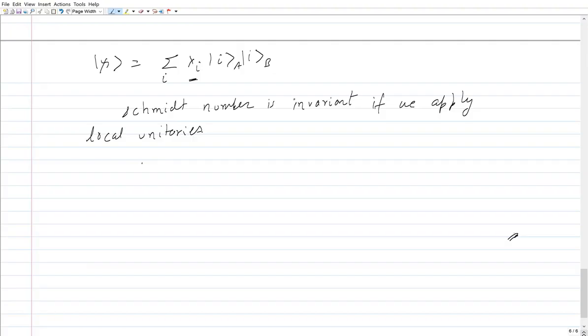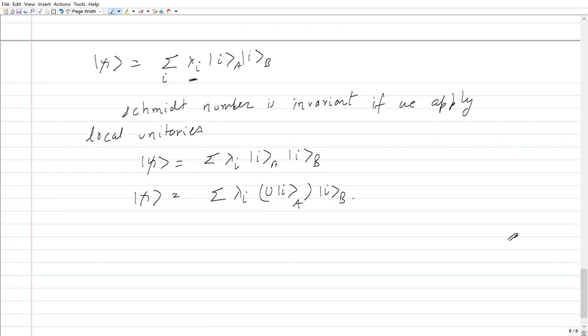Well, for example, if I have psi in its Schmidt decomposition, then the same state psi in another basis: I change the basis, I am applying each of the vectors of the orthonormal basis on system A by a unitary operator.